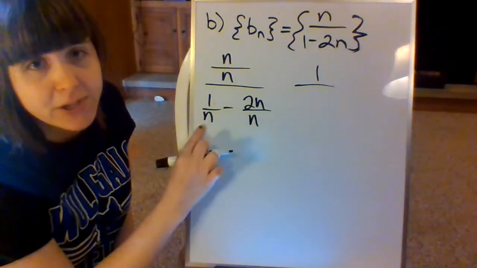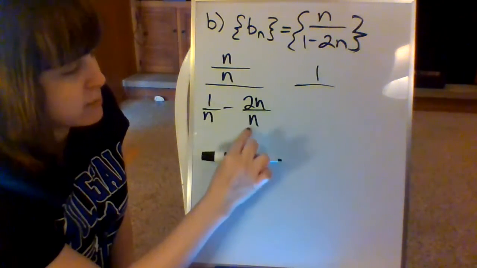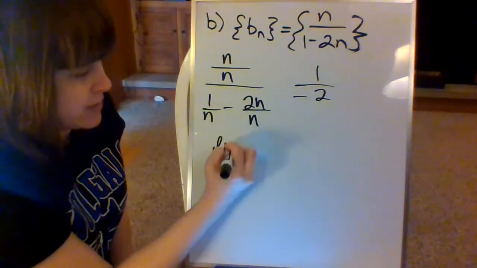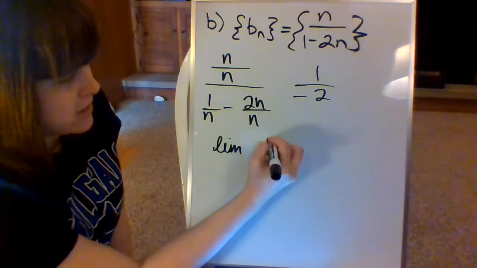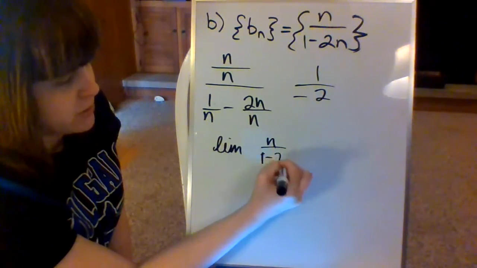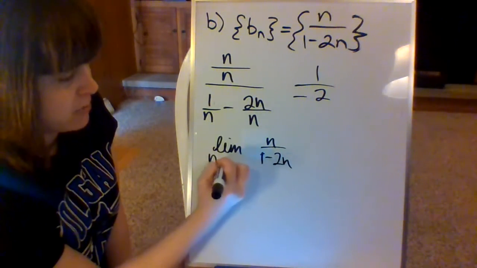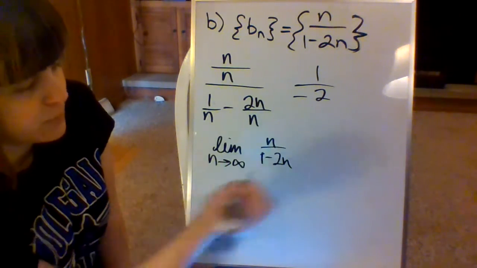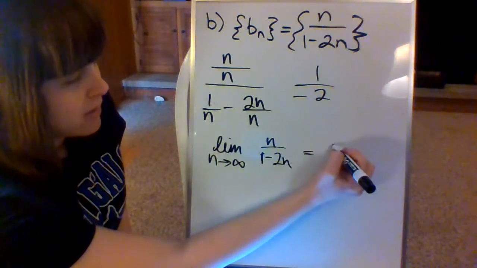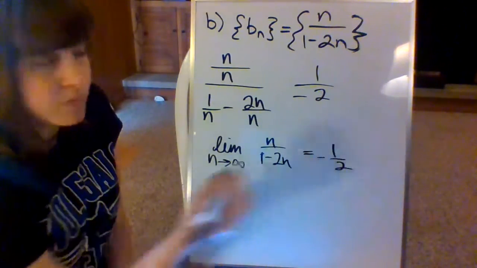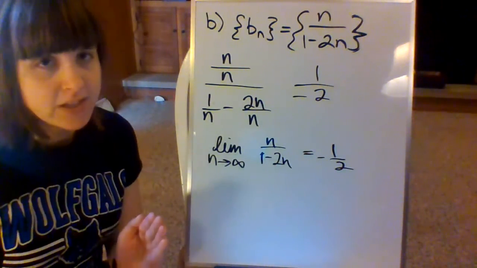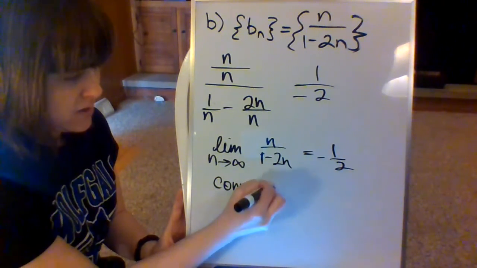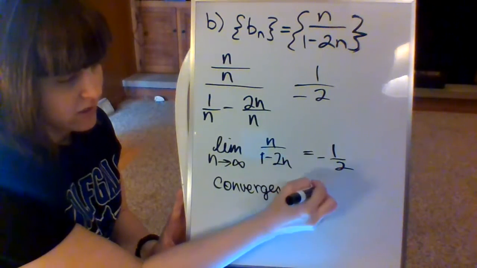This part here is going to become 0. And this part here is going to become negative 2. So the limit of n over 1 minus 2n as n approaches infinity is going to equal negative 1/2. Because I found the limit, we're going to say that it converges to negative 1/2.